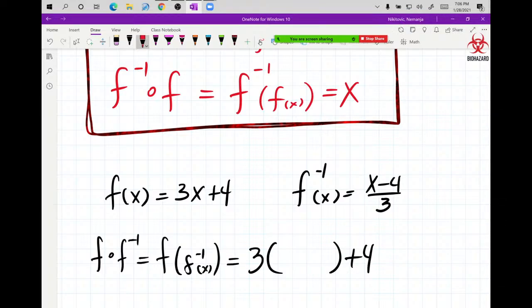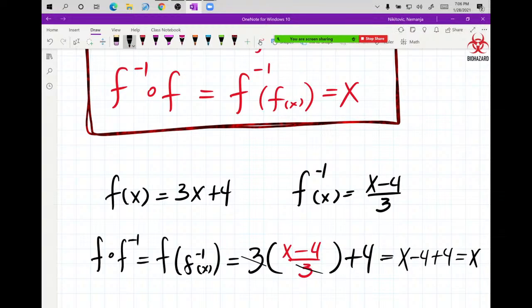Here is me plugging in the inverse. Remember how you replace every x of the first function with the function? We only had one x, so there you go. Now just follow the algebra. 3 and 3 will cancel. You get x minus 4 plus 4 equals x. Woohoo!